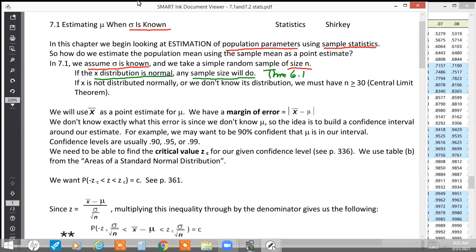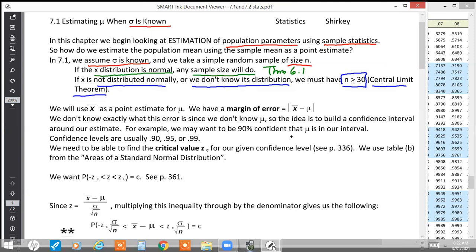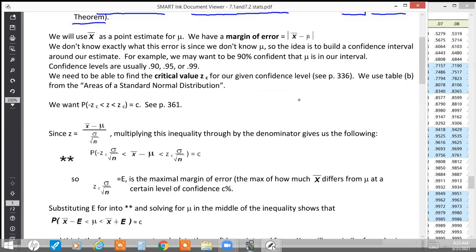If X is not distributed normally, or we don't know its distribution, we have to have a sample size greater than or equal to 30 so that the central limit theorem applies. So what we're doing here, we're going to use X bar as a point estimate for mu.